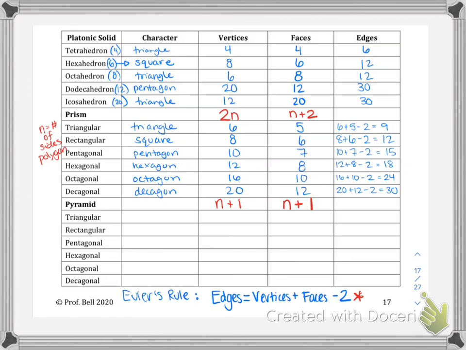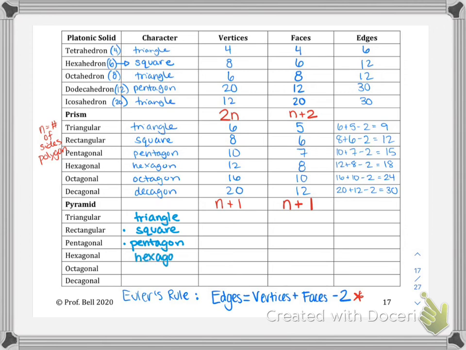Okay, so again, we're going to start with the character. So what is the character in each of these figures? We know that it's the base, right? So this would be a triangle on the triangular pyramid. This would be a square for the rectangular pyramid. This is a pentagon. So we did the square and the pentagon in our examples.